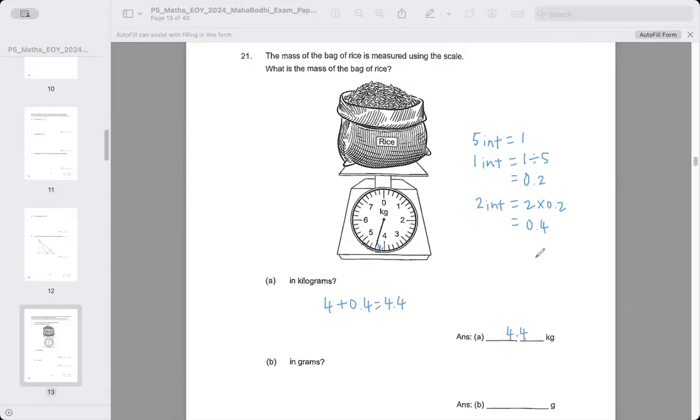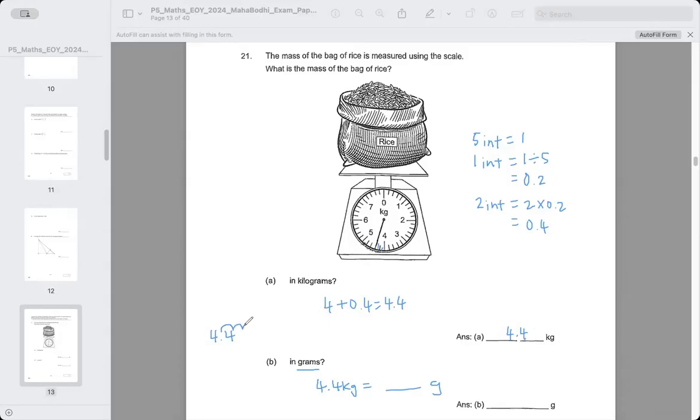Now it is in grams, meaning I have to convert 4.4 kg into how many grams. Take note, 1 kg is 1,000 grams. So if I want to convert 4.4 kg, I also need to times 1,000. I times 1,000, which means I move the decimal place 3 positions to the right.